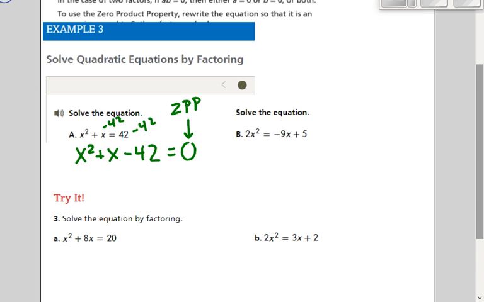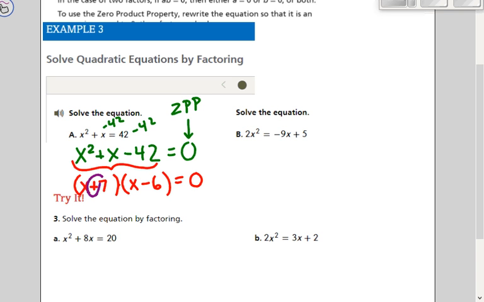So if we can break this expression down into its two factors and set it equal to 0, we'll be able to solve the problem because we'll have an x plus 7 times an x minus 6. And since these are being multiplied, it's very similar to having a times b equals 0.